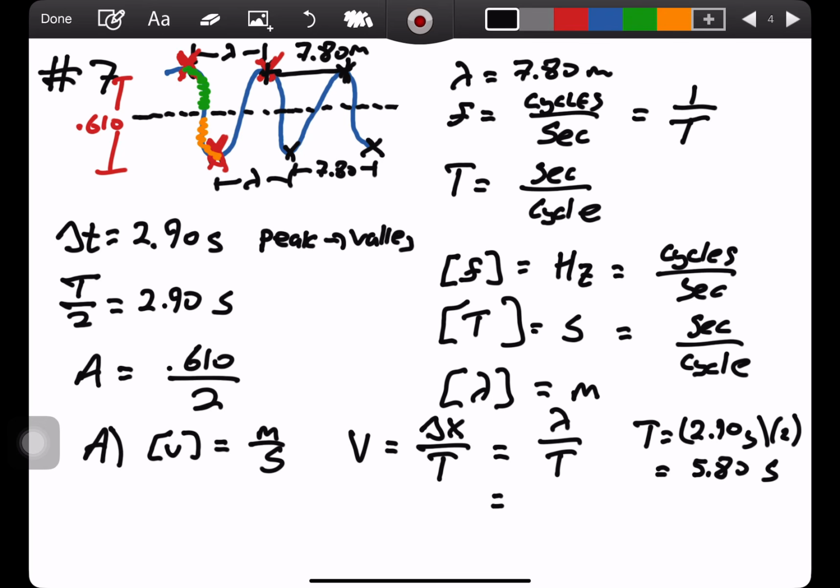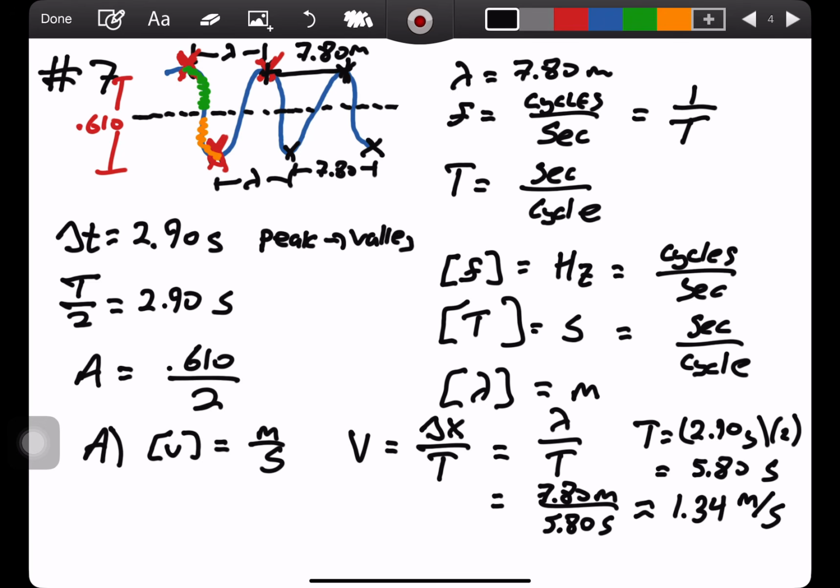And so this is simply 7.80 meters divided by 5.80 seconds. And you should get approximately 1.34 meters per second.